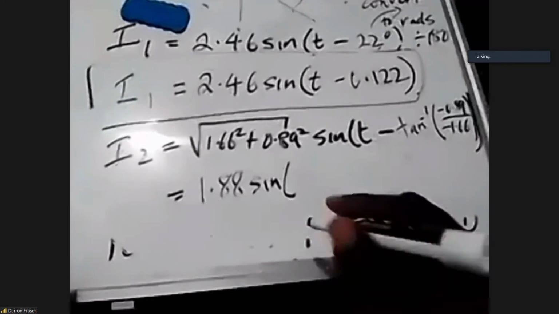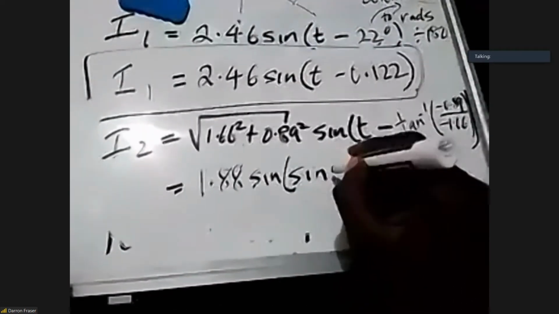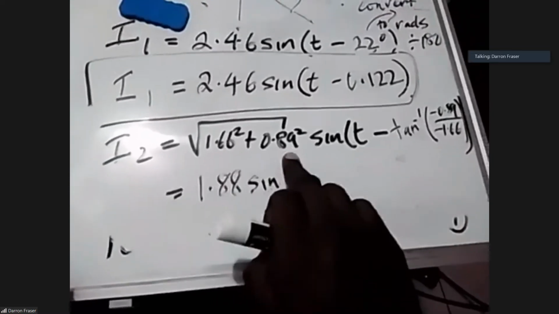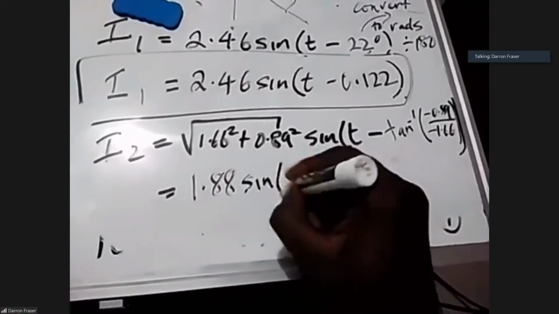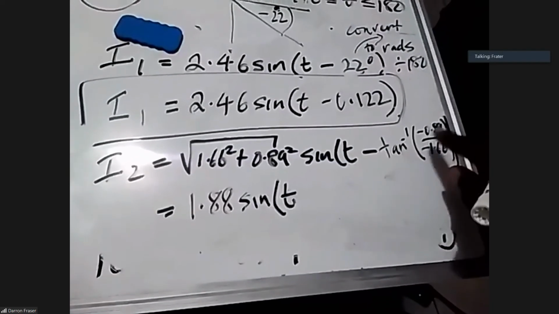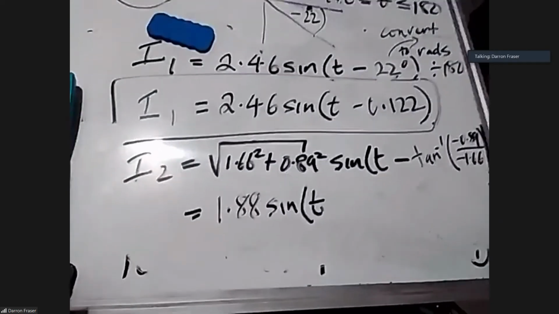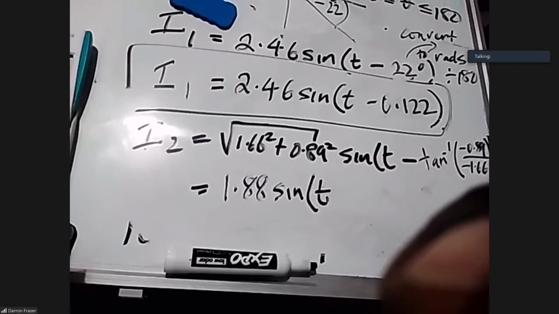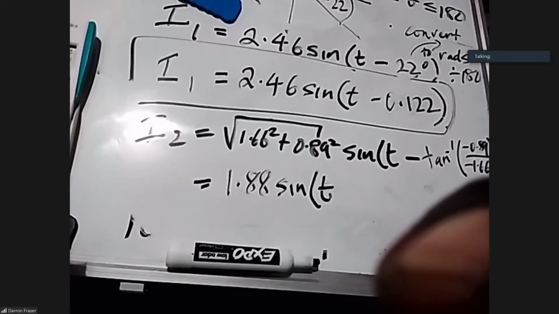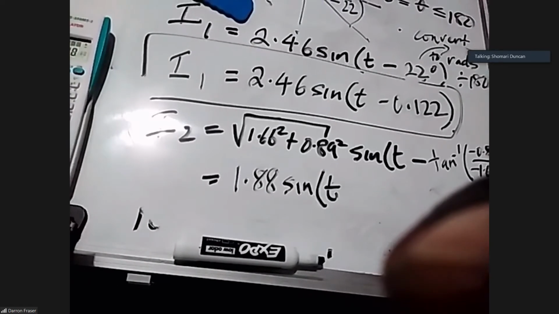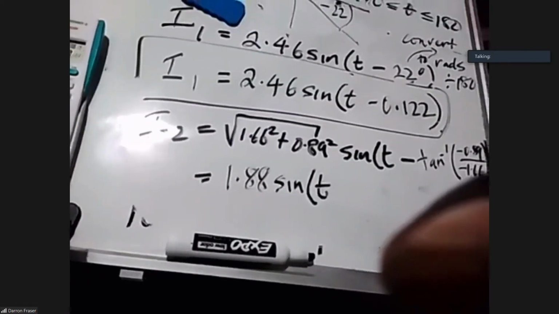All right, so for the next one, it's going to be sine t, and find the tan inverse of negative 0.89 divided by negative 0.166. And all that divided by 180.